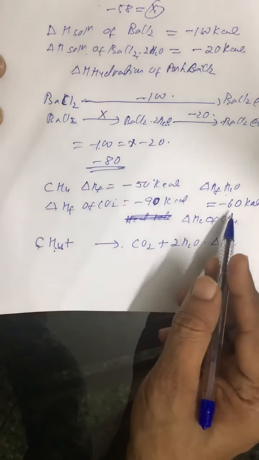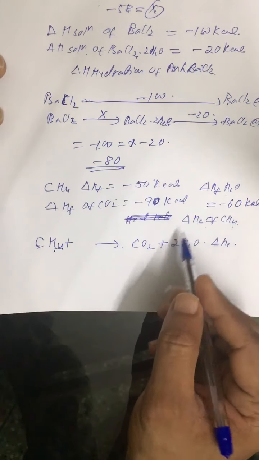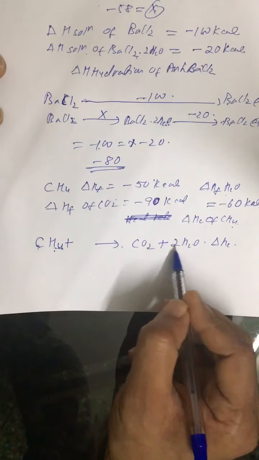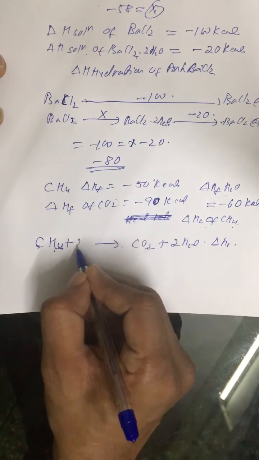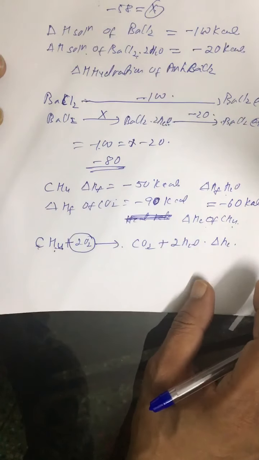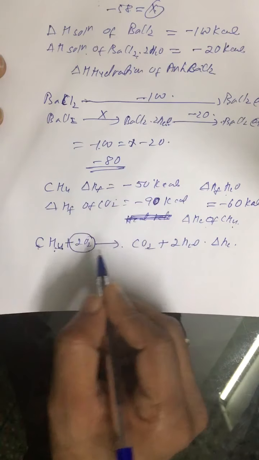And oxygen is 4 plus 2 plus 2, that is 4, so it is 2 O2. Even if you don't balance it, you are not bothered. Why? Because of one more point.